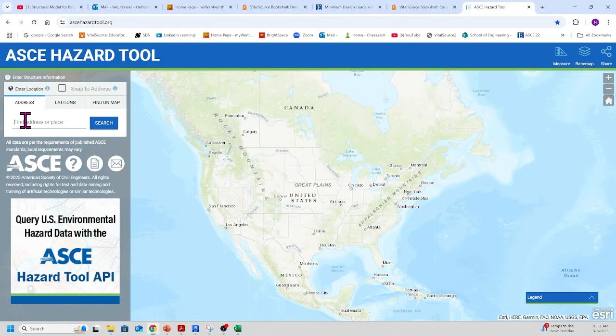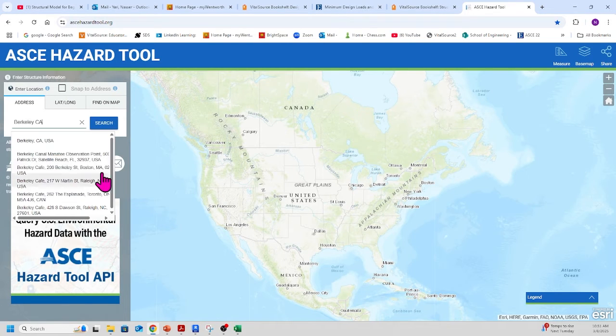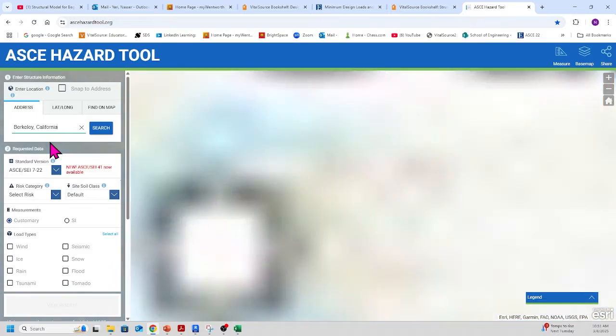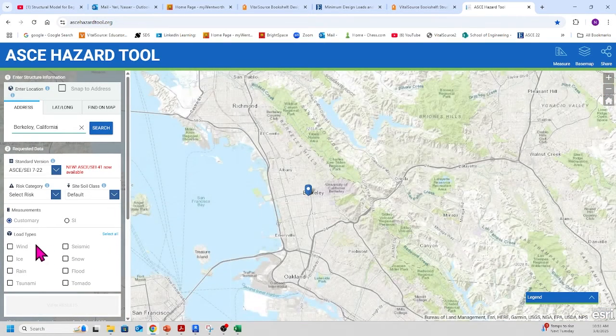In here, type in the location, Berkeley, California, right there. And then the risk category. We'll find it later, but I'm just going to put in 2 here for now.